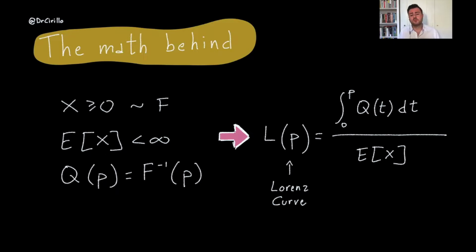If I have this quantile function, the Lorenz curve at the percentage p, that at the end of the day becomes a probability, so L of p is nothing more than the integral between 0 and p of the quantile function q(t) dt over the expectation of x. That's why we want the expectation to be finite, because we are rescaling everything by the expectation. So it's very important that this quantity is finite.